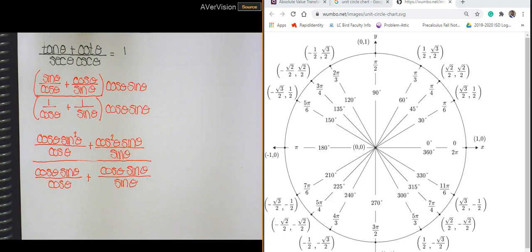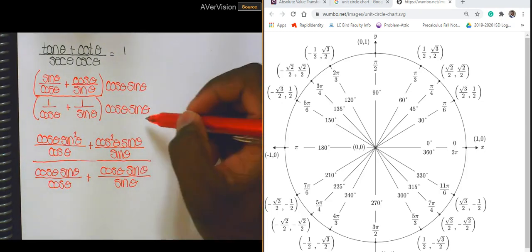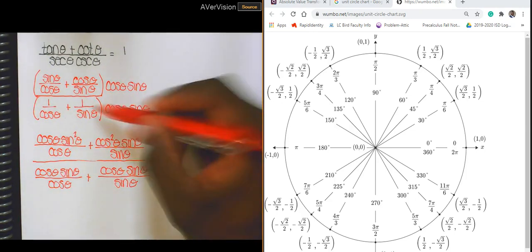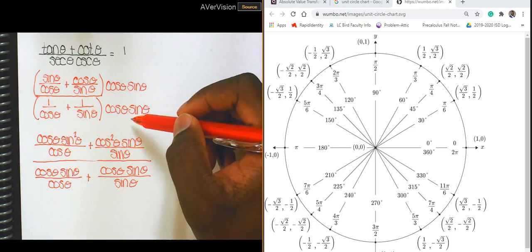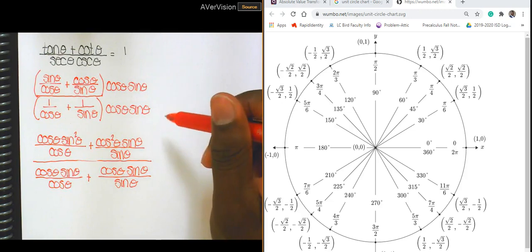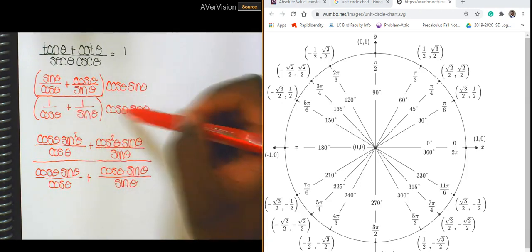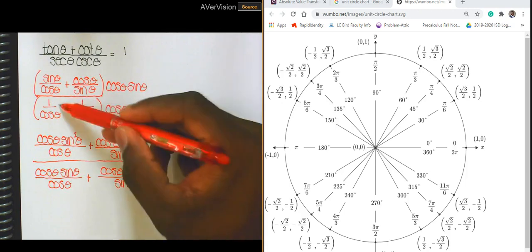All right, any questions so far on how we got from here to here? How I did the bottom here? Because when we're multiplying, we're only multiplying the numerator.